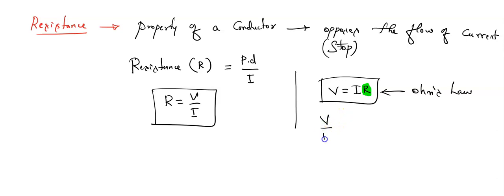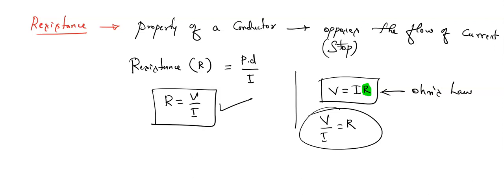V by I is equal to R. That is the resistance we have got here. Understood, children? So if you want to calculate the resistance, R is equal to V by I, or V upon I. I hope the concept is clear.